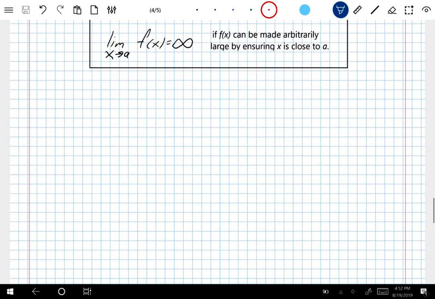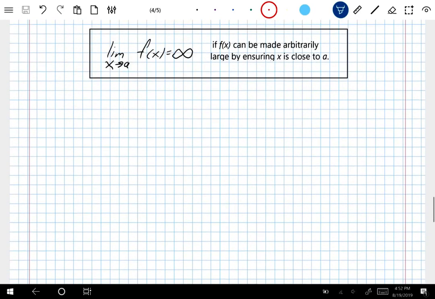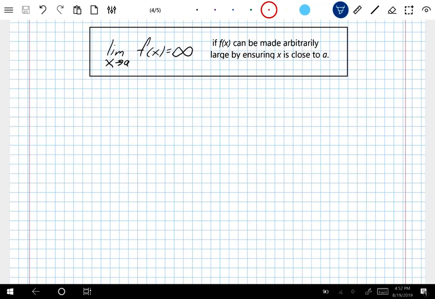So let's go ahead and do another example here. Just to round this off a little bit, I could very easily talk about the limit as x goes to 2 of negative 1 over x minus 2 squared.